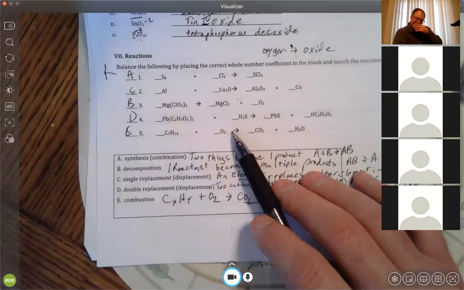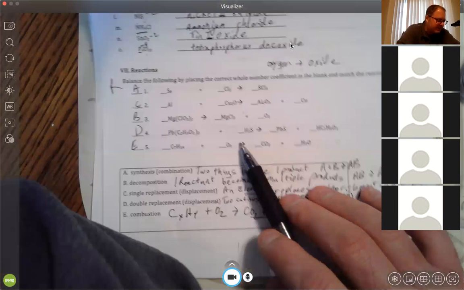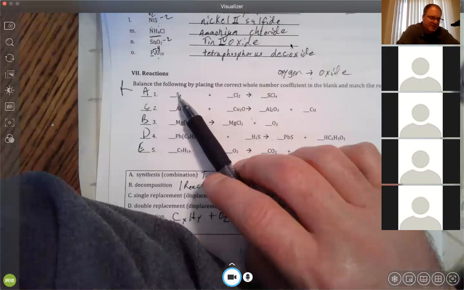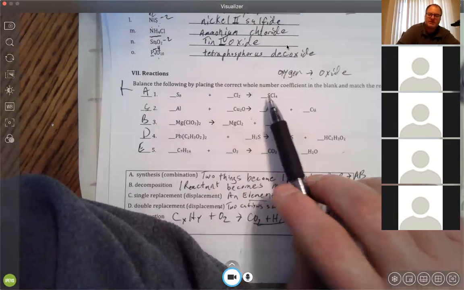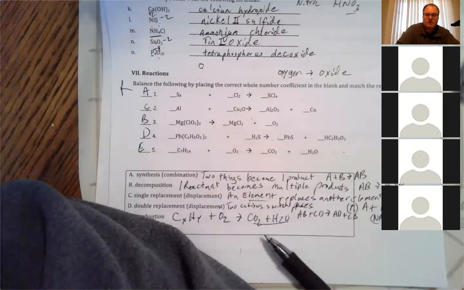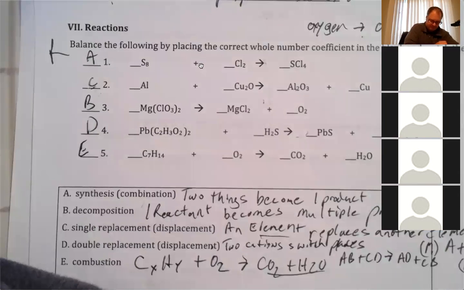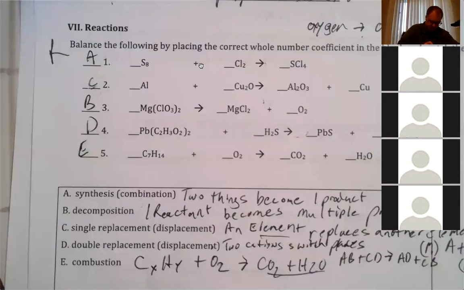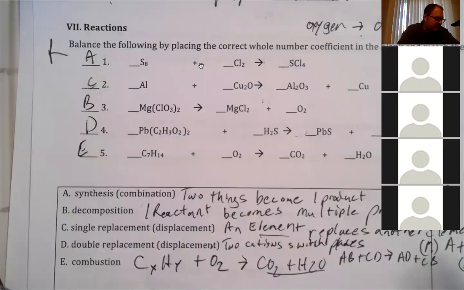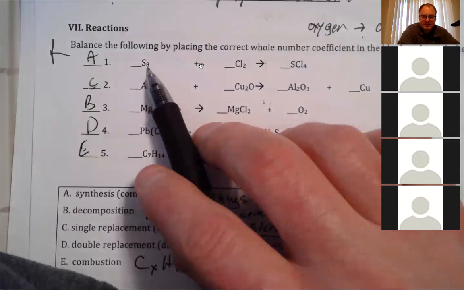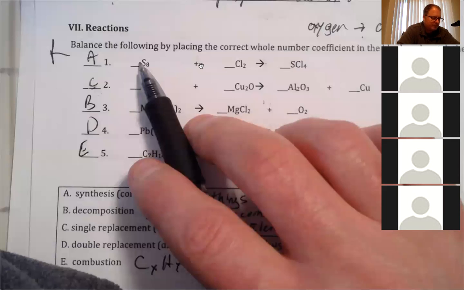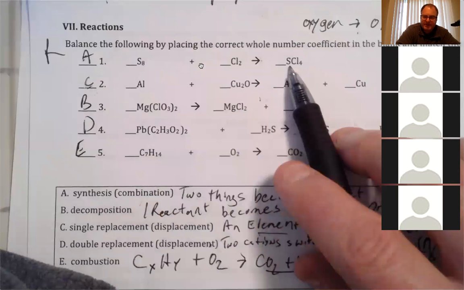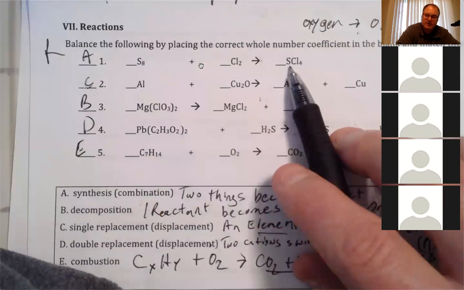Now let's go ahead and balance these. To balance these, we need to make sure that the number of atoms on this side is equal to the number of atoms on this side. So if we take a look, this subscript tells us that there are 8 sulfurs here. There is no subscript here, so that tells us that we have 1 sulfur.